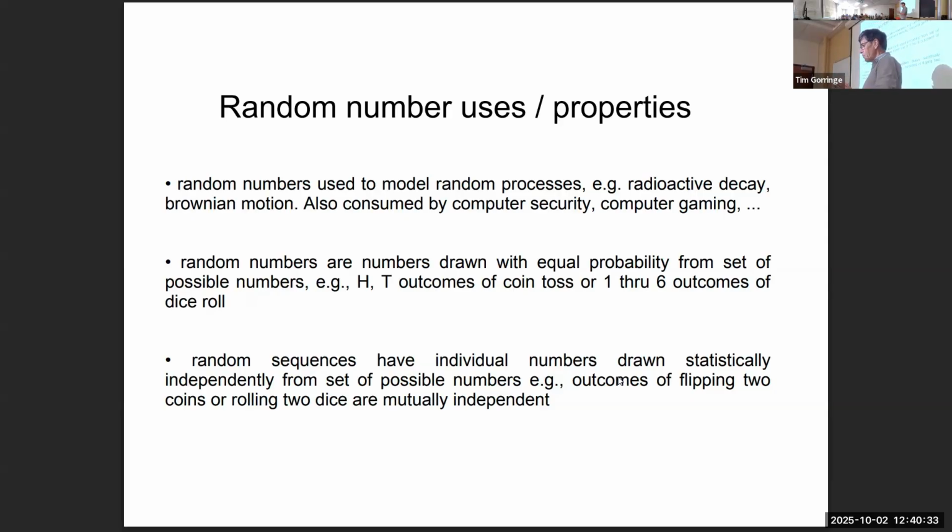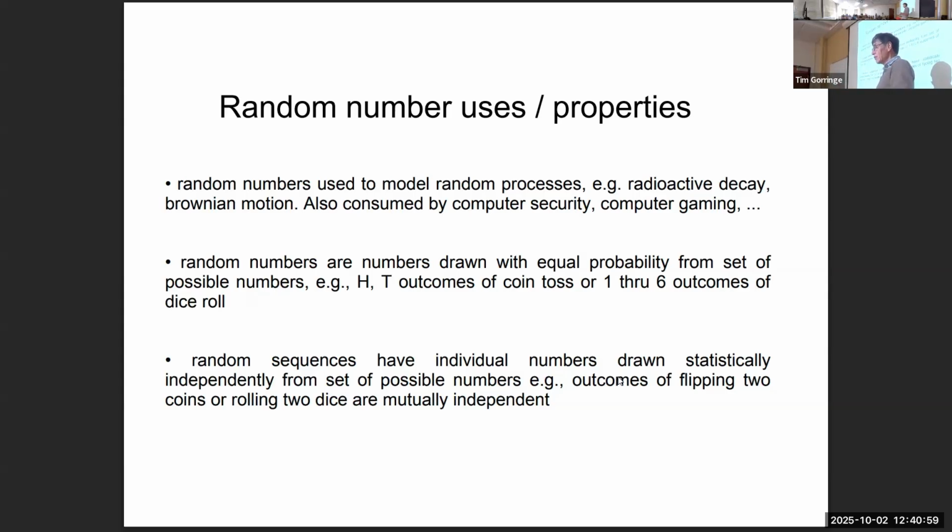An example would be tossing a coin. The possibilities are heads and tails, and a random choice is the outcome of either a head or a tail. We would use random numbers for simulating a coin toss.